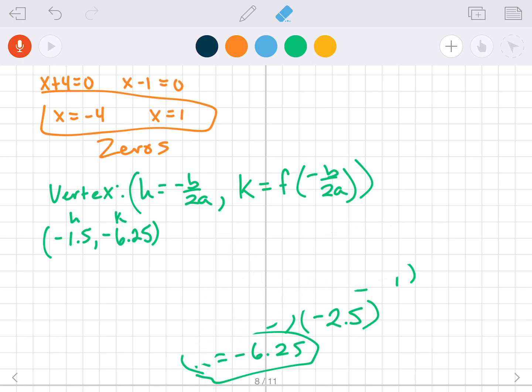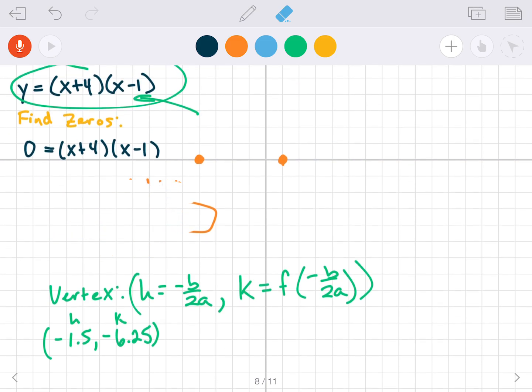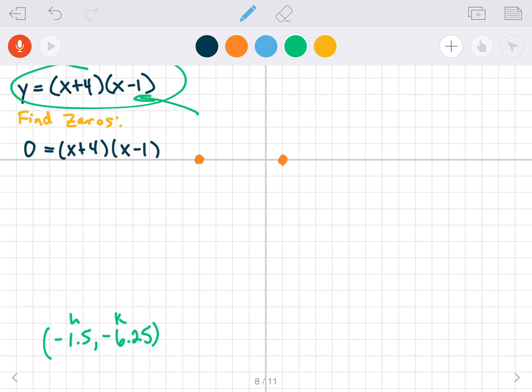Okay, let's go ahead and graph this. Okay, so when x is negative 1.5, which is about right here, y is negative 6.25. So 1, 2, 3, 4, 5, 6, not quite halfway, but maybe right here. That's my vertex.